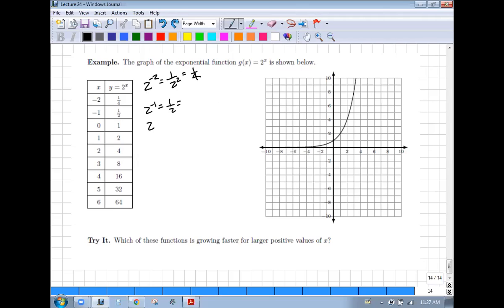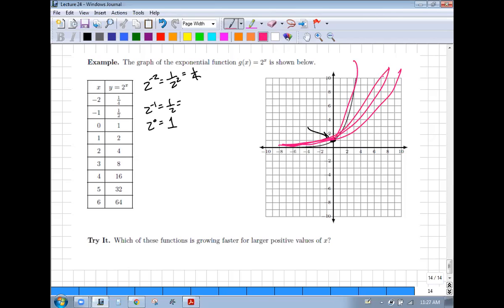At 0, 2 to the 0, anything to the 0 power is 1. So that's why right there, every single exponential function is going to go through that point. Anything to the 0 power is 1. So all our exponential functions look like this. They do this, they could be like that, or they might be like that, or that.